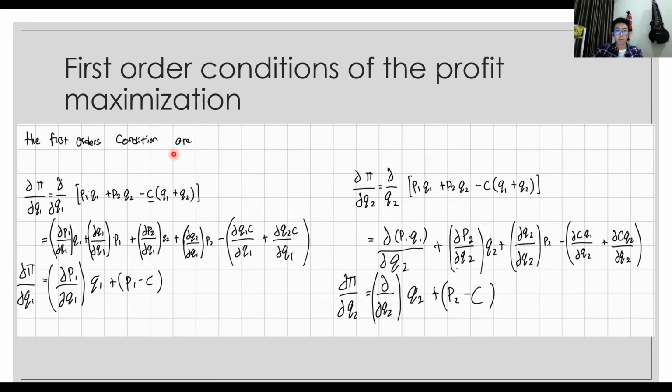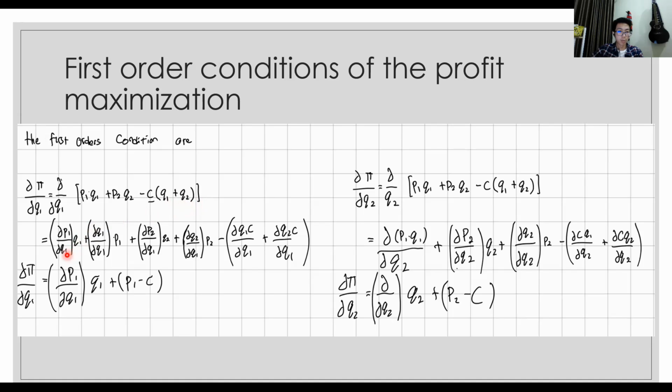Now why does that happen? Because in order to maximize or minimize a function, we need to get its first order condition. We get the first order condition as the partial of the profit function with respect to Q1. That's the profit function right here.